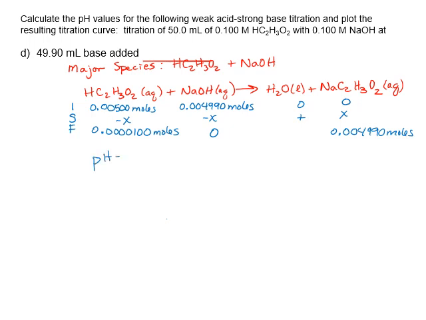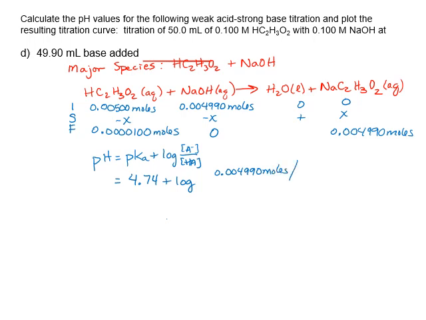We still have a buffer made of a weak acid conjugate base pair, so we'll use again the Henderson-Hasselbalch equation. The pKa of acetic acid is 4.74. The A minus concentration is 0.004990 moles.